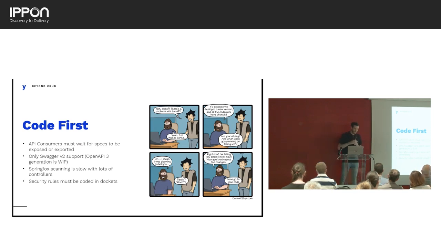And the security rules you find in your specifications, basically what you configure in your security configuration, have to be coded again if you want a really exact API, as the security is configured in the Spring Security configuration. So you have to code to align the security rules of Spring to the security rules of the specification.